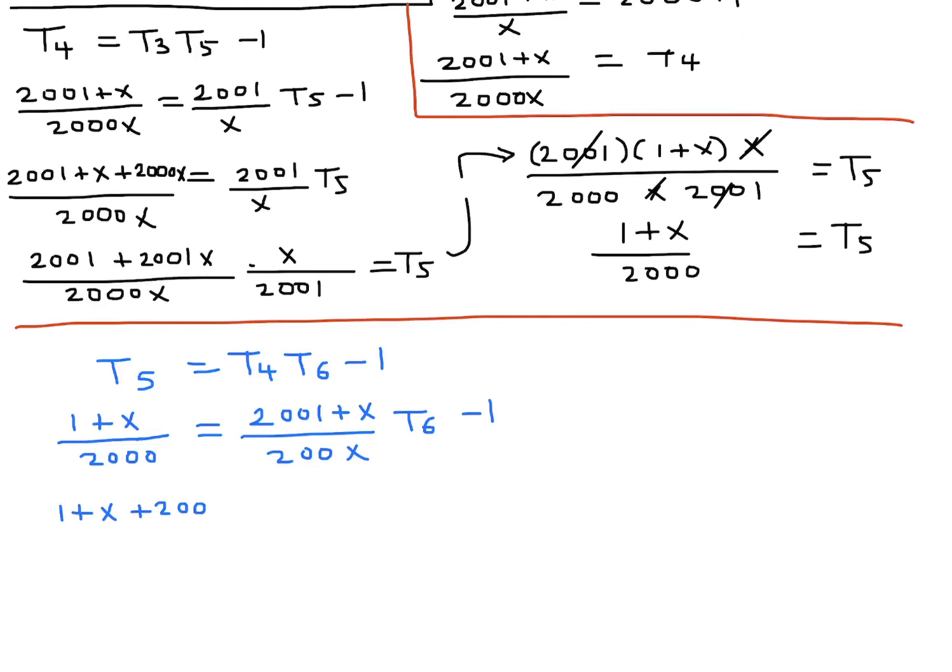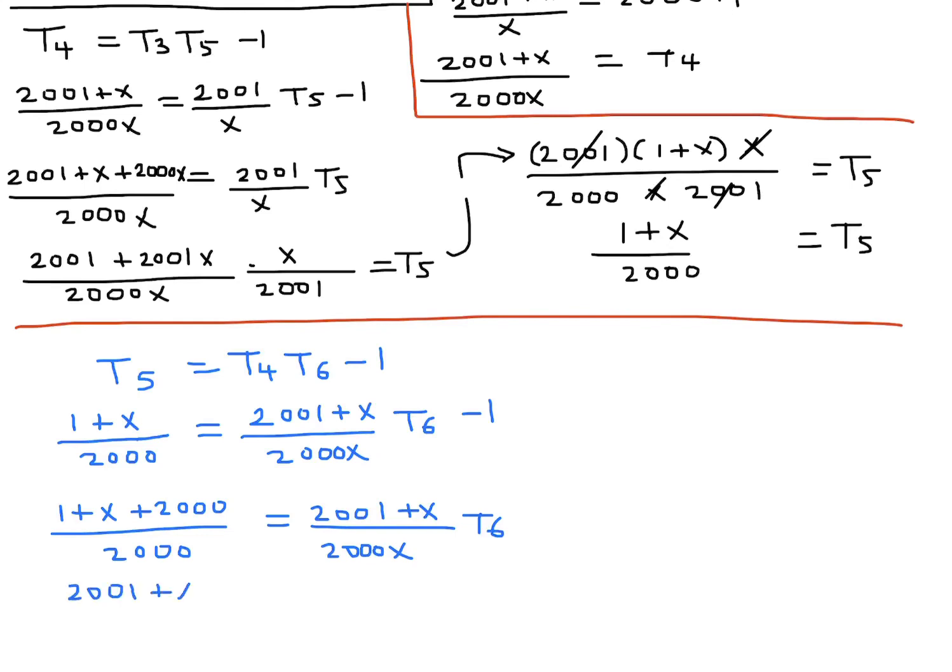So bring the 1 over and get a common denominator, which will be 2000. And then this is 2001 plus x over 2000, 2000x, T6.